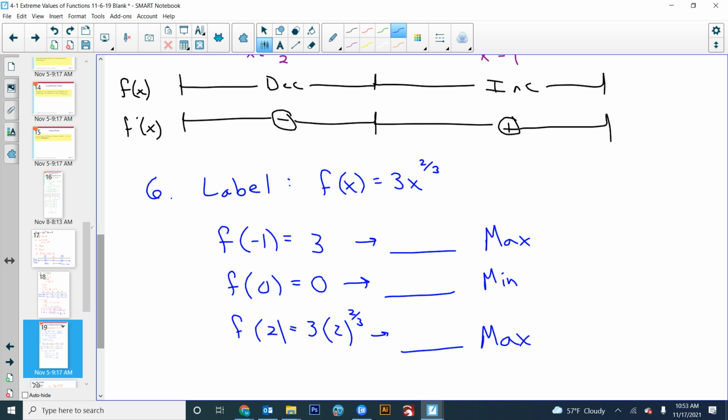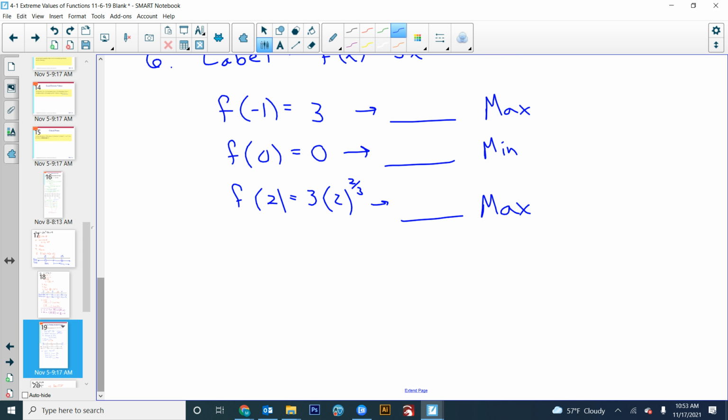I don't know that I'd put that on a quiz or test without a calculator, but isn't 2 to the 2/3 the same as 2 to the 1/3 squared? The cube root of 2 squared? Yes? Times 3. And what are we comparing this to? We're comparing maxes together, aren't we?